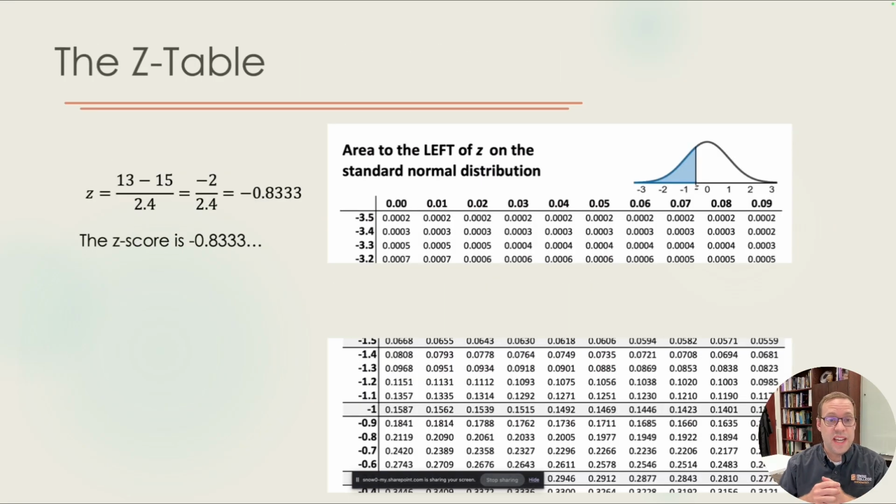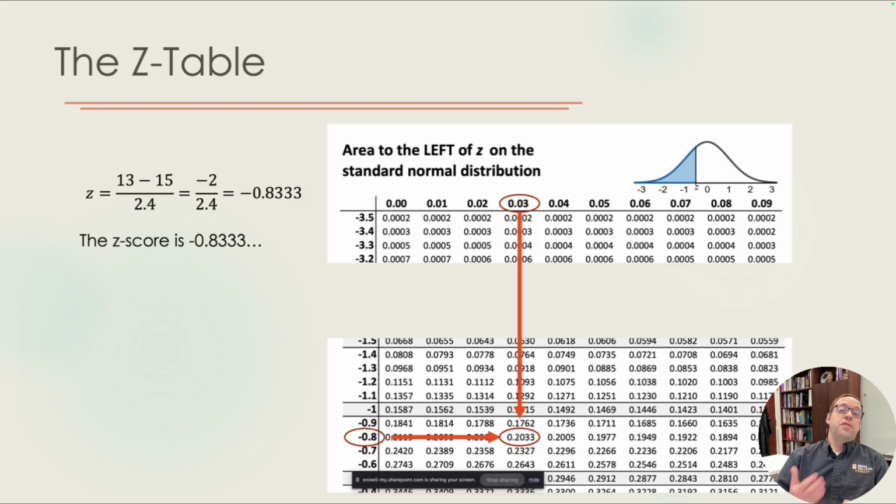So our z-score is negative 0.8333. Really, we can only do negative 0.83. That's as close as our table here will get us. All right, so we find negative 0.83. Negative 0.8 is the row, and 3 will be the column. Where do they meet? They meet at a value of 0.2033.